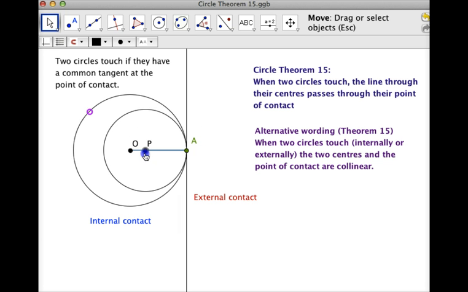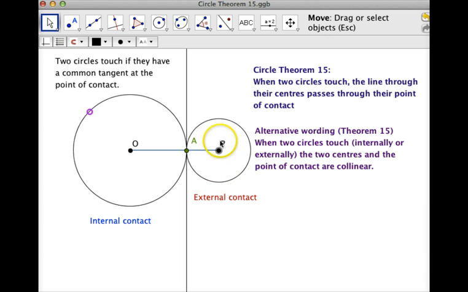Internal contact. Okay, so the one circle's inside the other and they're touching, the point of contact is A, but that's internal contact. And this is external contact. So external contact is where the little circle's outside the big one, and internal contact is when the little circle is inside the big one. But they've still got the same point of contact, which is point A.